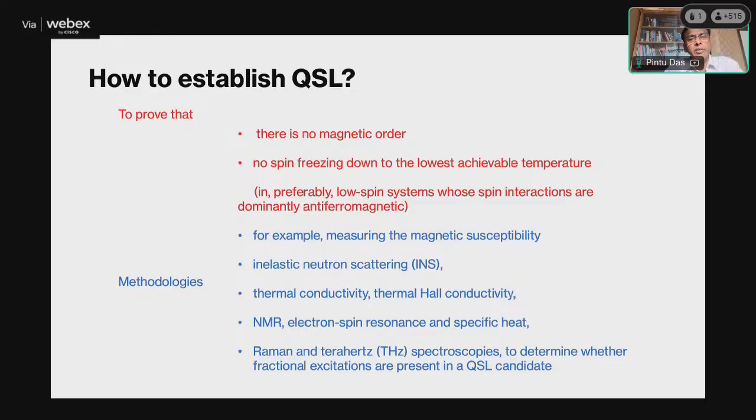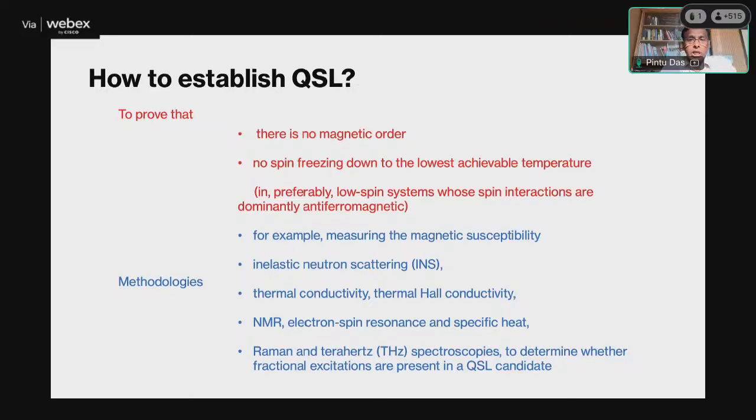And typically one looks at low spin systems, as I have mentioned earlier, where the interactions are predominantly antiferromagnetic, because that's how we have defined our model, the resonating valence bond model.